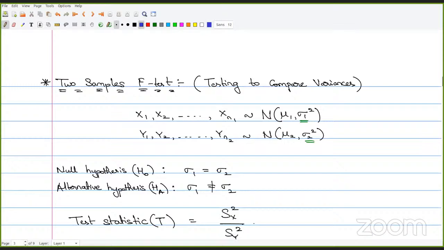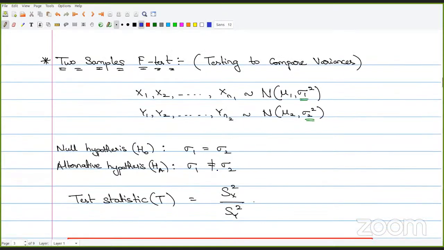The test statistic we use in this case is Sx square by Sy square. Previously we used x bar, then S square, and later x bar minus y bar as test statistic. Now we are using Sx square divided by Sy square.